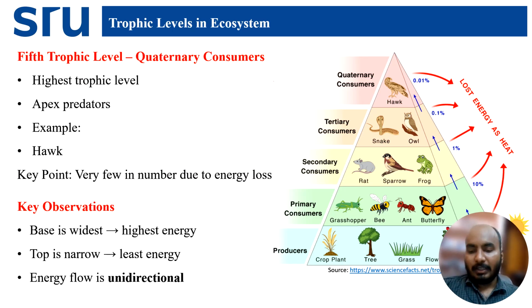And next is quaternary consumers, which are the apex predators, the highest trophic level in the ecosystem. They exist in very small numbers.